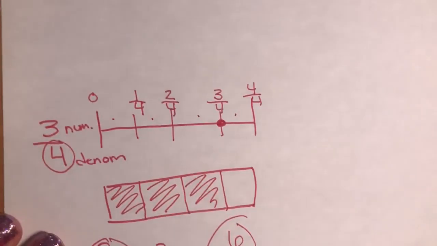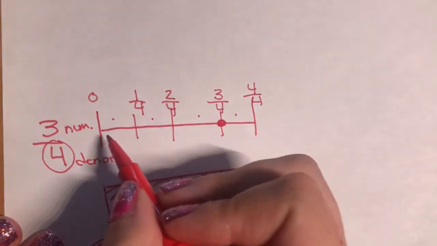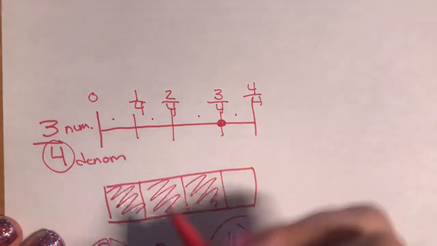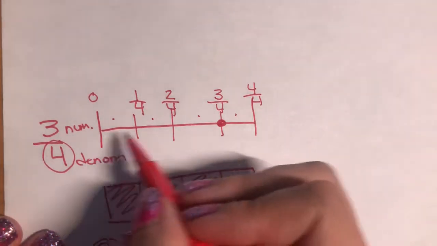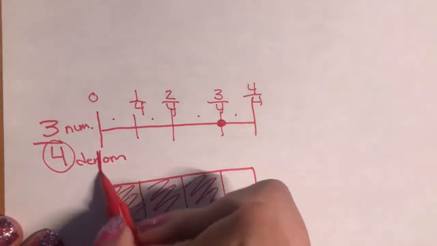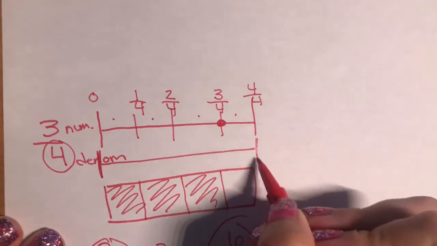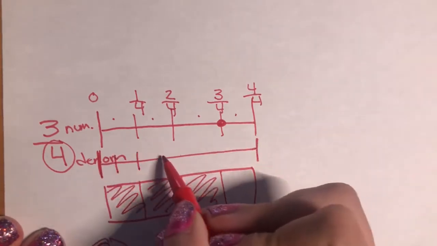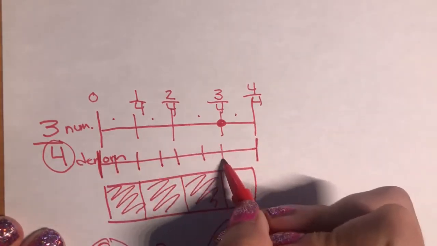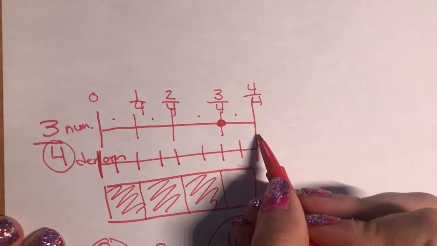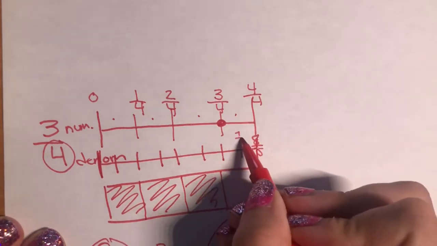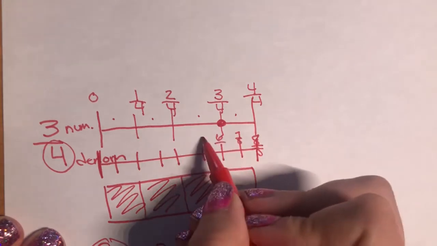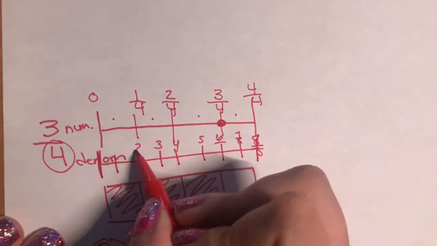How could we see that? Well, I could see that by partitioning my fraction strip or my number line out into 8s. So if I was going to do 8, I'd have 1, 2, 3, 4, 5, 6, 7, 8. So this is 8/8, 7/8, 6, 5, 4, 3, 2, and 1.